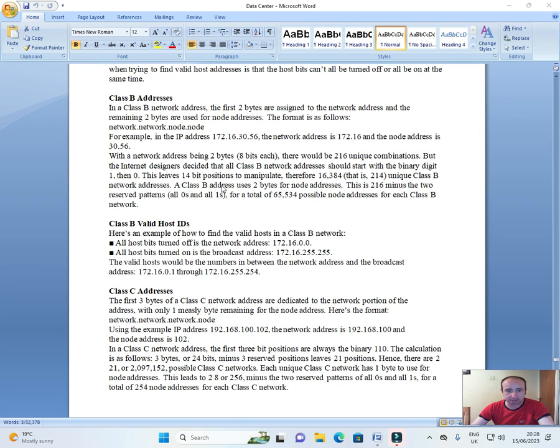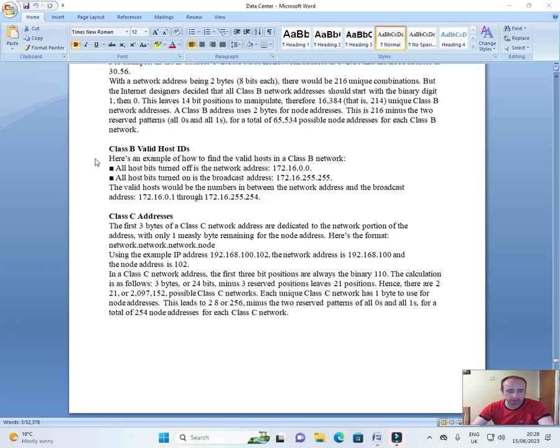A Class B address uses 2 bytes for node addresses. This is 2^16 minus the 2 reserved patterns, all zeros and all ones, for a total of 65,534 possible node addresses for each Class B network.